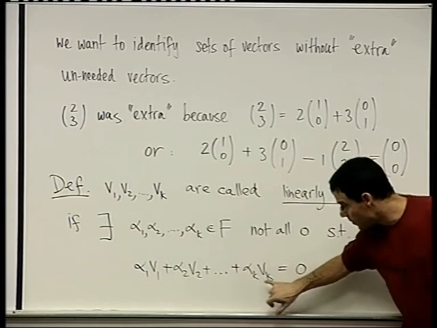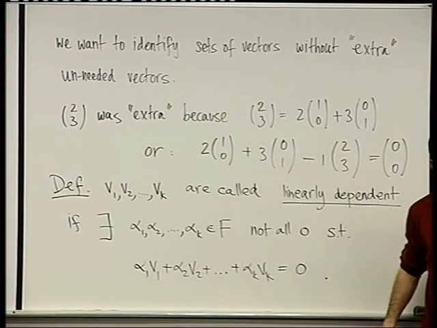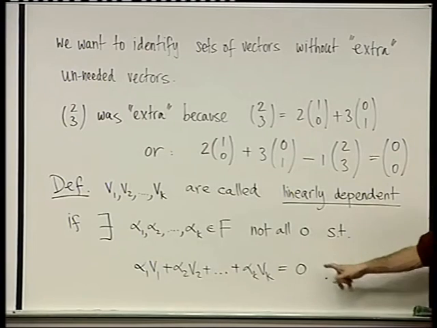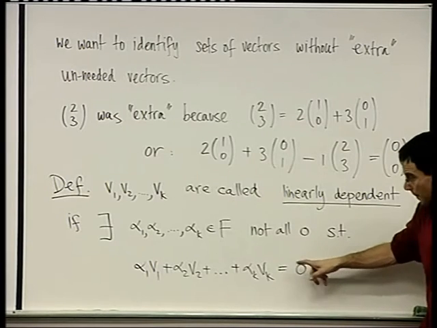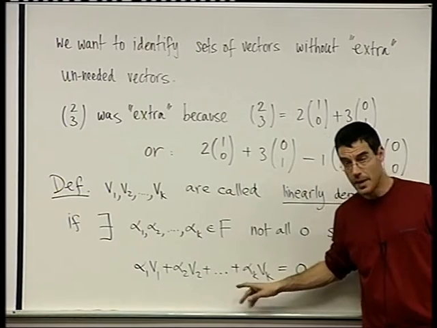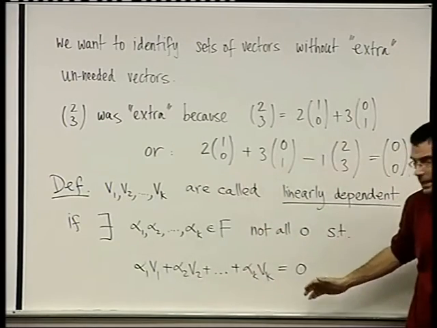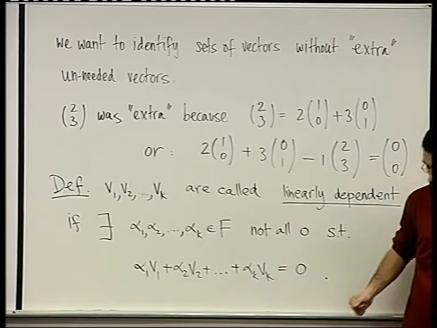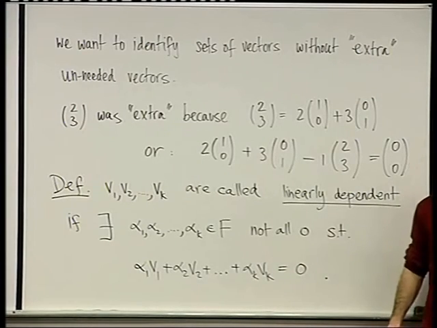Then I can write vk as a linear combination of the others. I move it to the other side. I get that minus alpha k vk is the linear combination of the others. And then I divide everything by alpha k. It's not 0. And I got vk as a linear combination of the others.